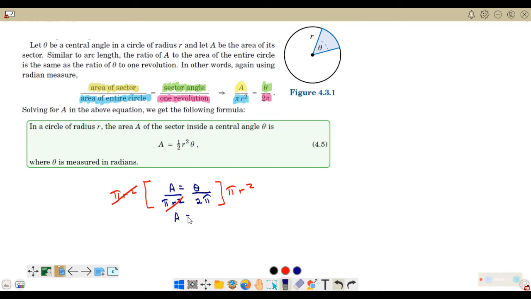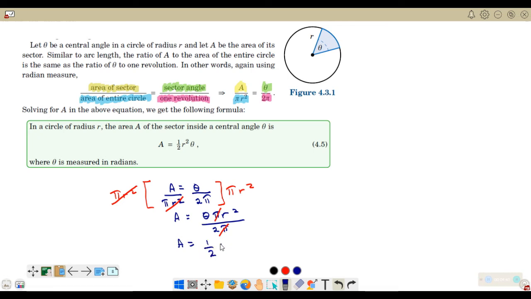Now let's simplify. We have A is equal to theta pi r squared over 2 pi. Are there any common factors between the numerator and denominator? Meron, pareha silang may pi. So, tanggalin na natin sila because pi divided by pi is 1. For the area, we have here, so factor out natin si 1/2.